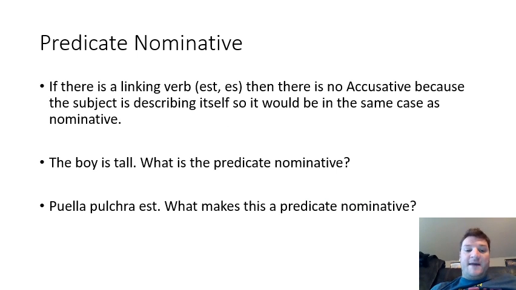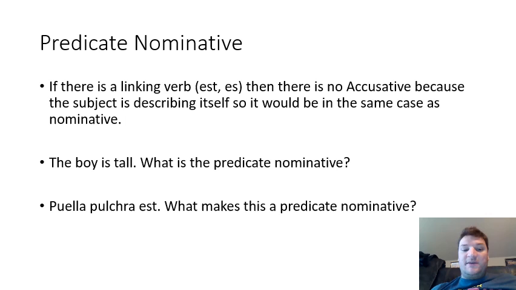The predicate nominative. If there is a linking verb, like est or sum for now, we will go into this verb later, but if you see an est or a sum, that means it is a linking verb. And then there would not be an accusative because the subject is describing itself.